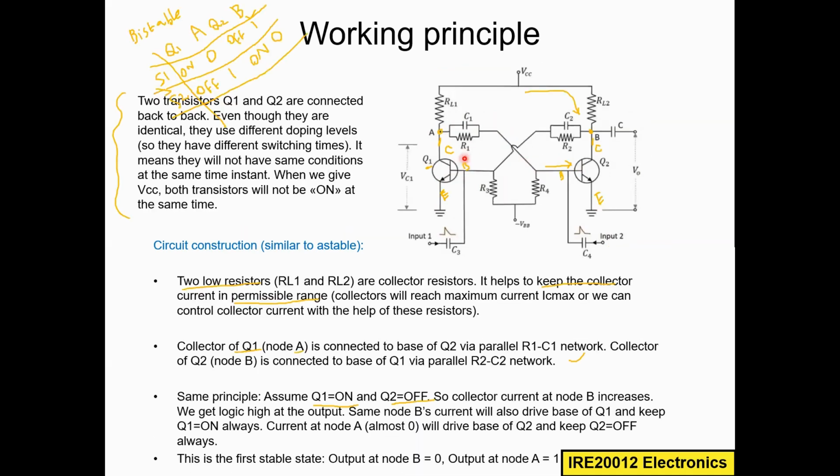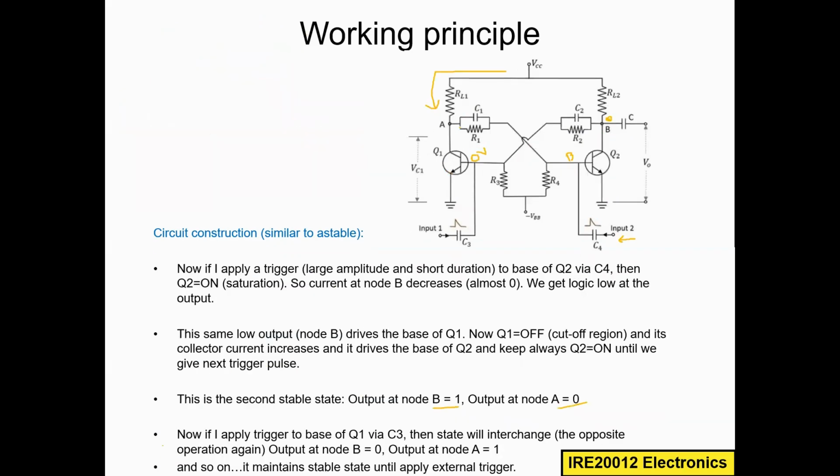Let me go back. Node A will be 0 because Q1 is on. This 0 will drive the base of this one, then this will be in the off condition. So this is an open circuit and the voltage will accumulate.